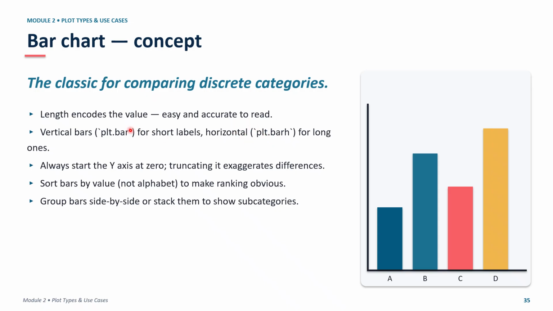So bar is for the x-axis, and for horizontal it is for the y-axis. You can use vertical when you have few categories with short names like A, B, C, or even Jan, Feb, or March. And you can use horizontal when you have many categories or long names. So this is the main use of the bar chart.